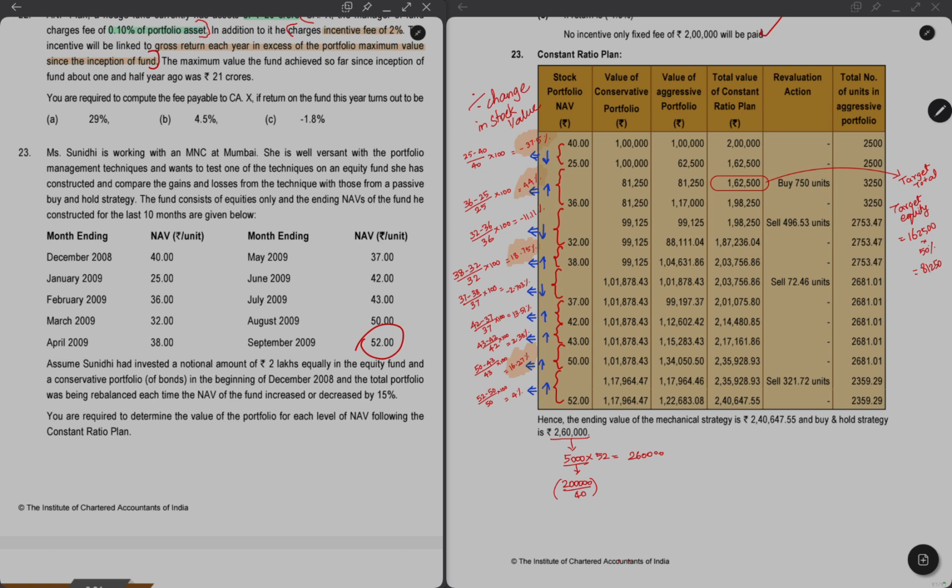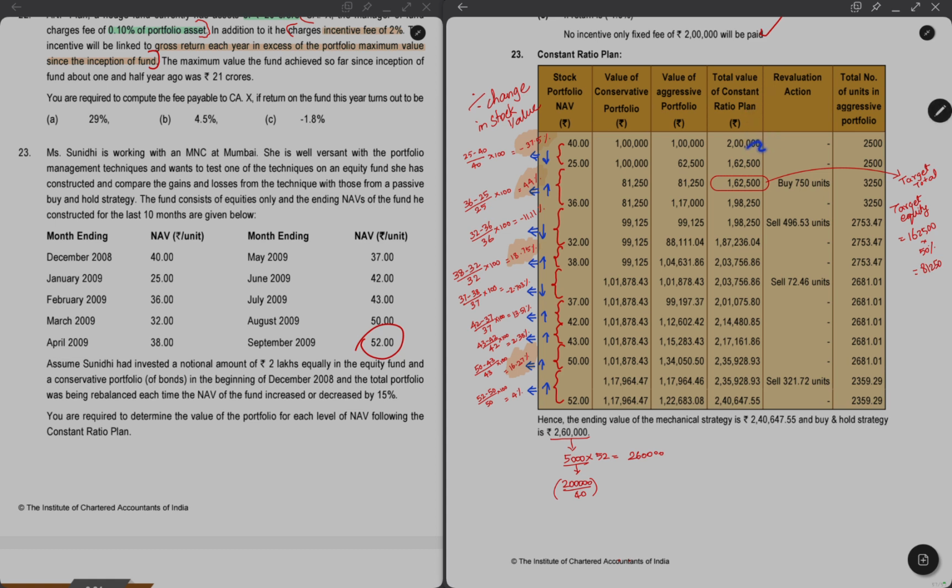Now plotting in this table, stock portfolio NAV, first it is 40 rupees per unit, then the value to be maintained is 1 lakh each on the equity fund and the bonds. So bonds is the conservative and equity is the aggressive portion.